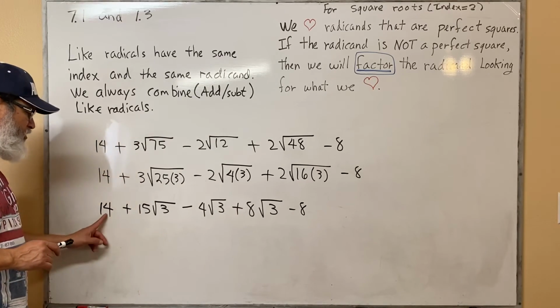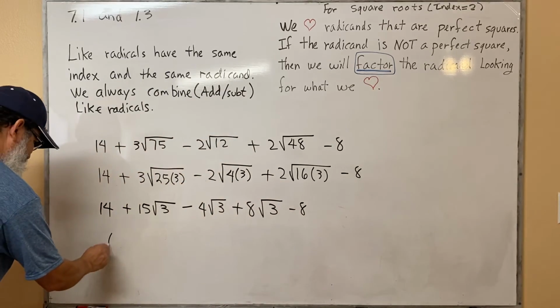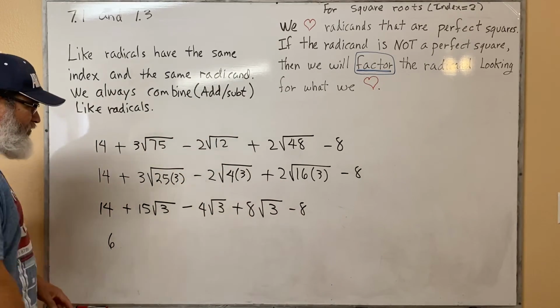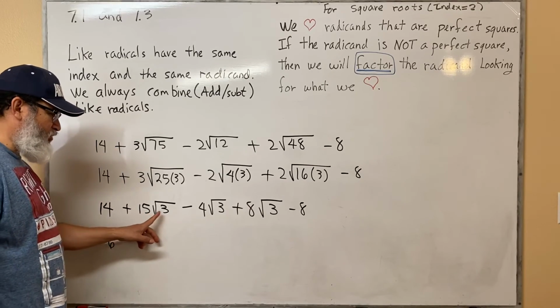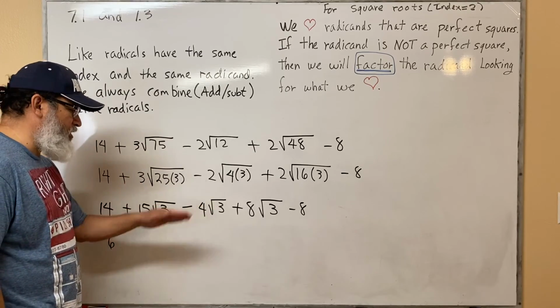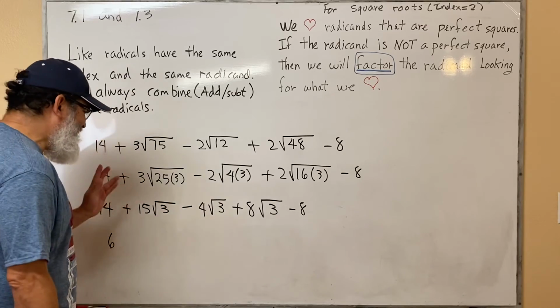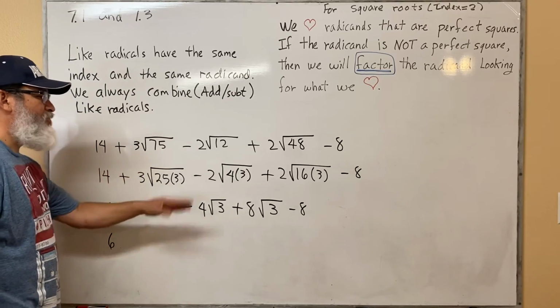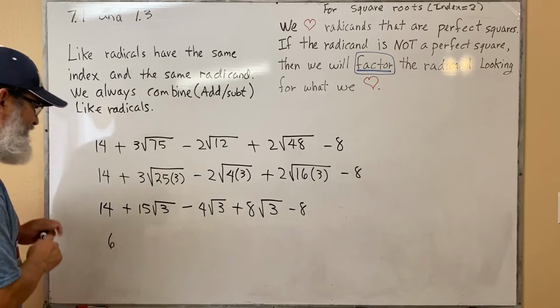I'm going to take the 14, subtract 8, and that's a 6. I'm going to take the 15, the square root of 3 minus 4, the square root of 3, that's 11, the square root of 3. 11, the square root of 3, plus 8, the square root of 3, isn't that 19?